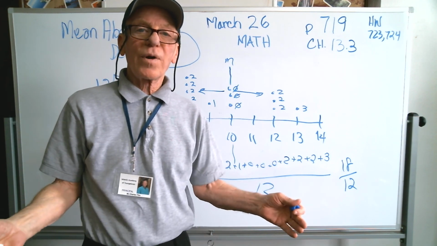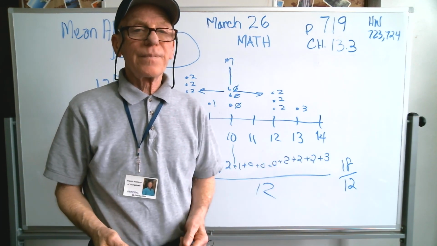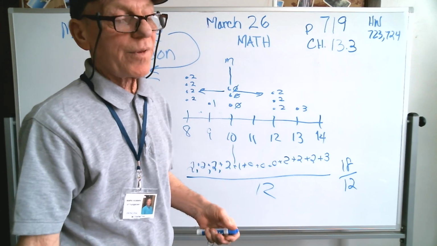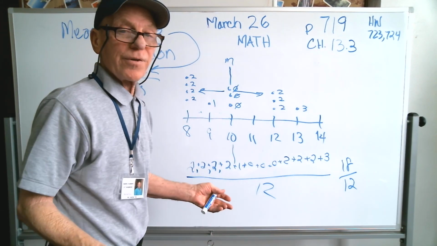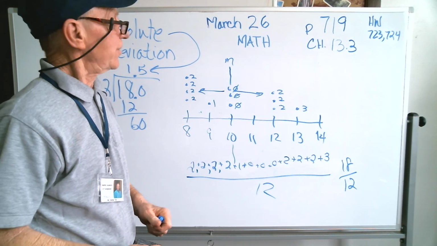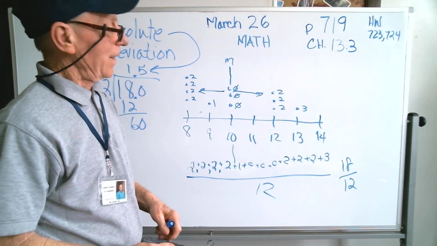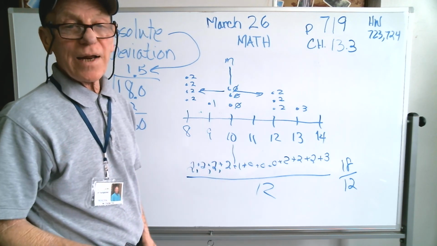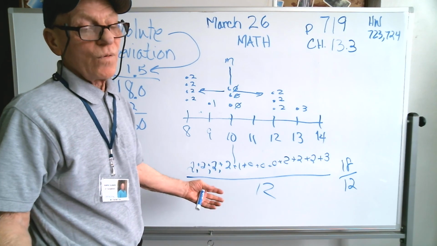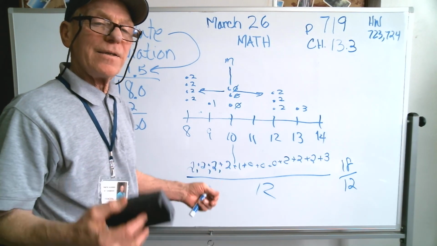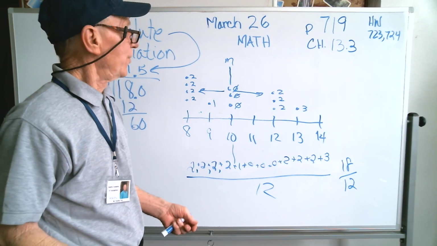This is a little more confusing than it seems. You're just counting the distance from the mean in either direction, the number of places left and right. And then you're taking those numbers, lining them all up, and dividing them by the total number, which is giving you the mean deviation, the absolute.